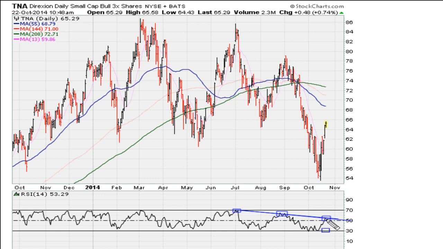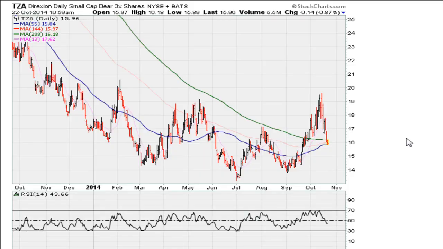So my thinking is around here, we can take a calculated bet that buying TZA makes sense for a trade. So let's go back to TZA and take a look at TZA on a daily chart. Remember, this might need some practice on your part to see whether you can understand what this is doing.